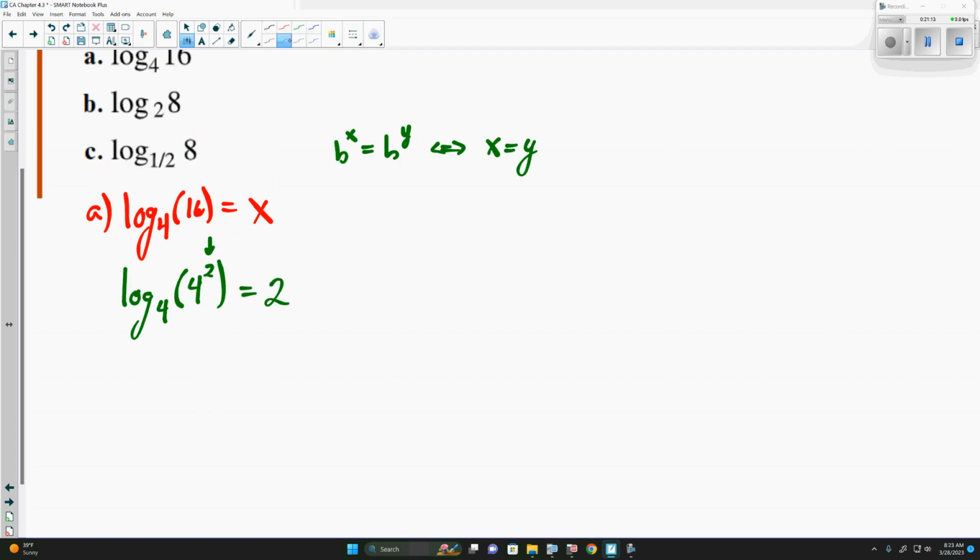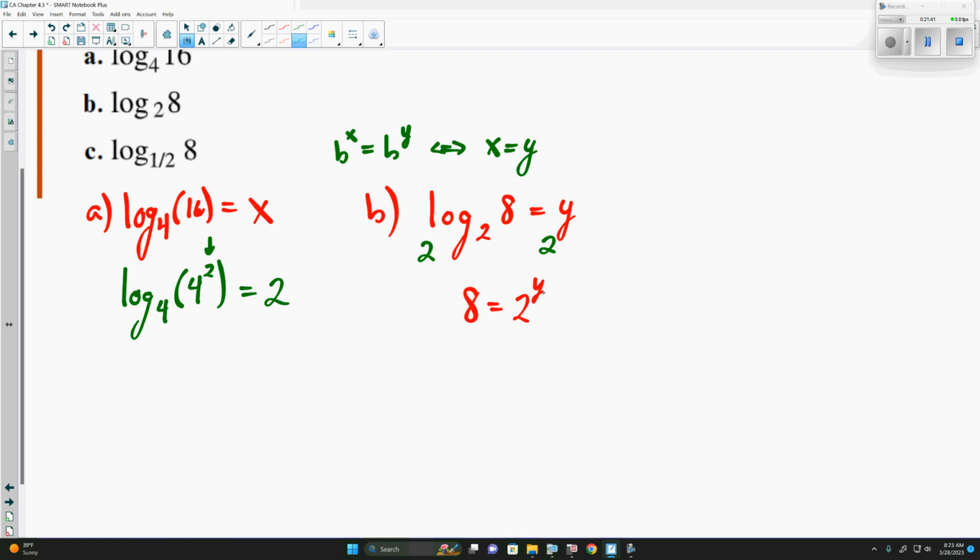So for the next one, B, log base 2 of 8. Now we can set it equal to y. And again, we can use the 2's so that this becomes just 8 is equal to 2 to the y.